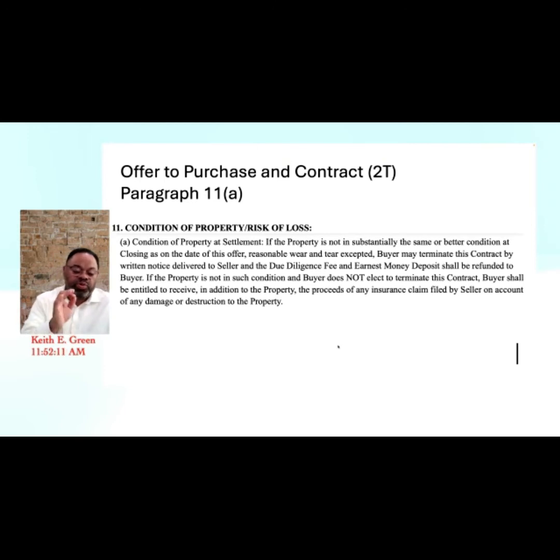But this section 11A is speaking in terms of property condition. It also says that if the property is in worse condition, if it burned down or there's a flood or what have you, and the buyer decides they still want to keep the property, then the seller will have to provide them the cost to cover the damage, maybe through whatever they're going to get through the insurance company. But the important part of this is that buyers can get the due diligence fee back, and that's what's new.